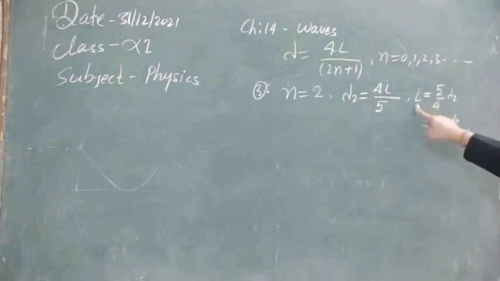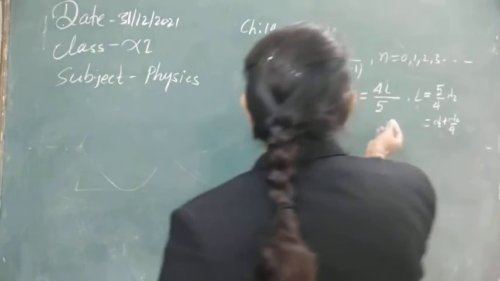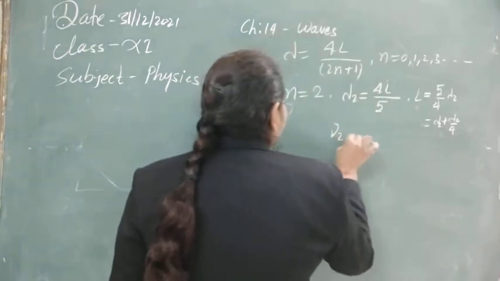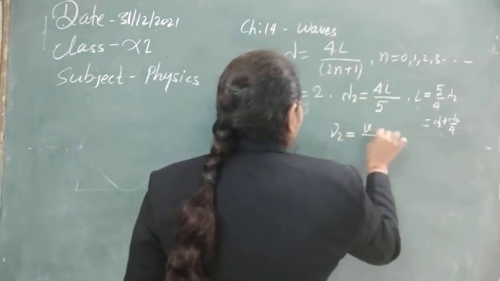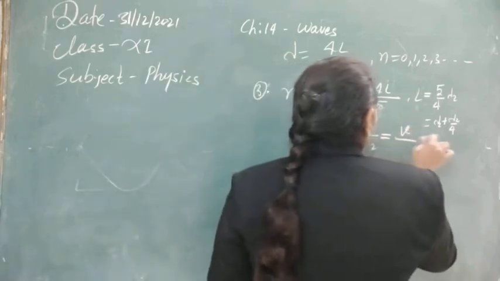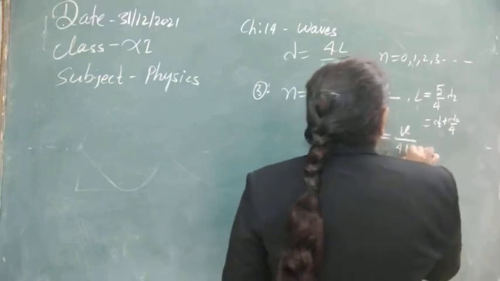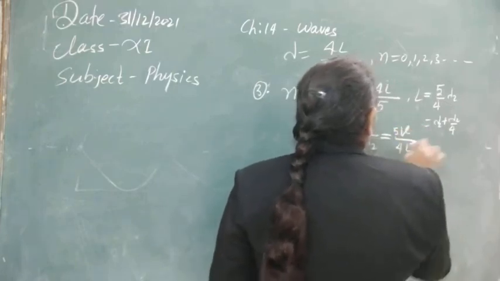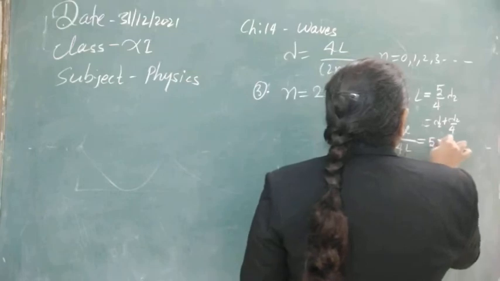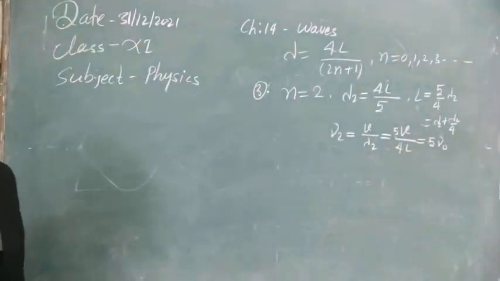Means over the complete length we will get one complete wave and 1/4 of the wave. Now we calculate the frequency. nu 2 will be v upon lambda 2, and the value of v is as it is. Lambda 2 is 4L by 5. You can see this is 5 times nu 0, the fundamental frequency.